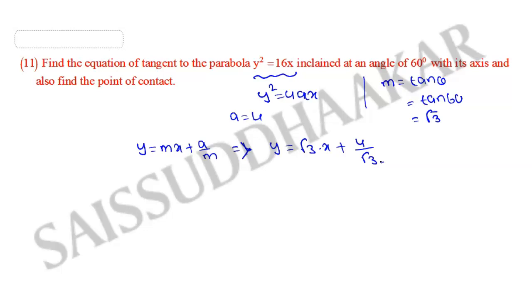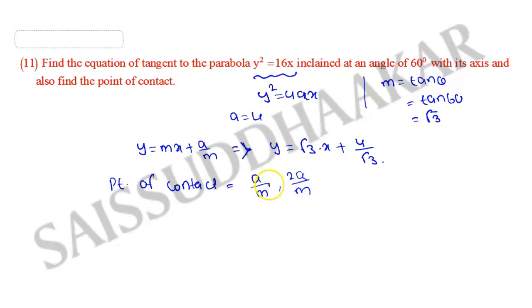Next, in the question he is asking to find the point of contact. The formula for the point of contact is a by m square comma 2a by m.